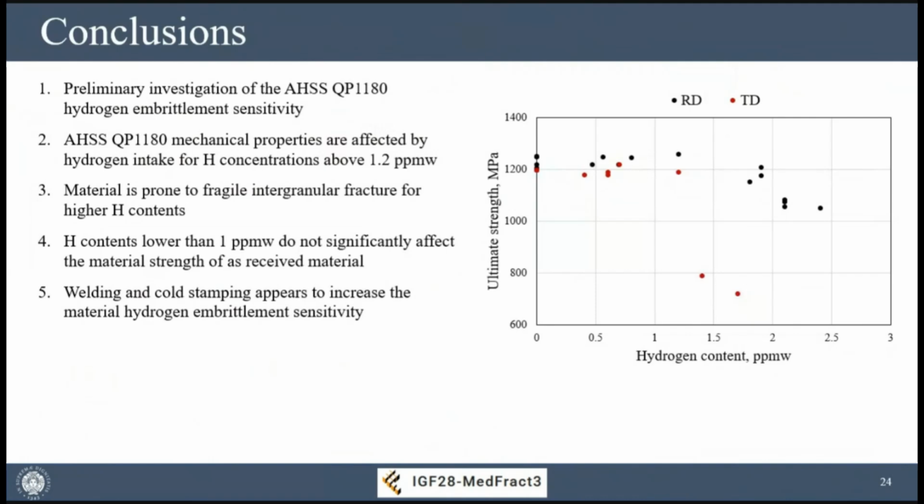And the hydrogen sensitivity is affected by the direction with respect to the rolling direction, and most importantly, by the presence of alterations in the material microstructure, like the alterations that are typical of components in real applications. So welded regions, heat-affected regions, and pre-strained regions.